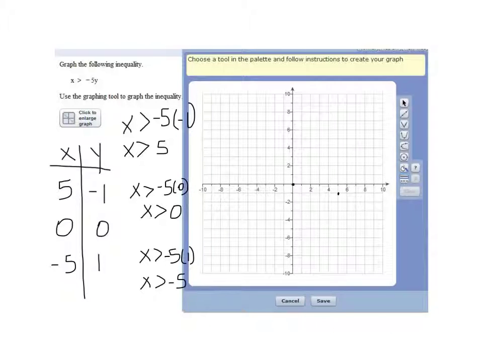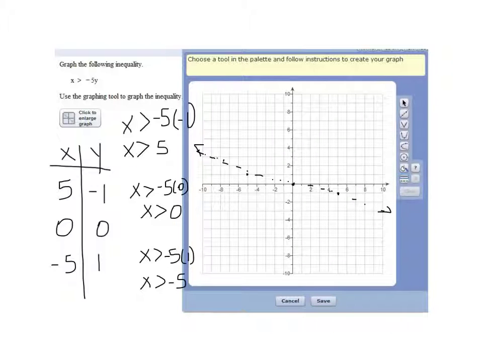And we have -5, +1, which is left 5 and up 1. So there are our 3 dots. And I'm going to attempt to put in my dotted line here. Draw it in. Not a great straight line there, but you get the idea. And with my math lab, it will make a nice straight line for you.